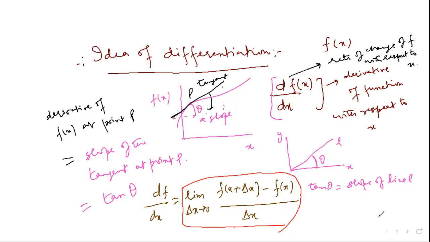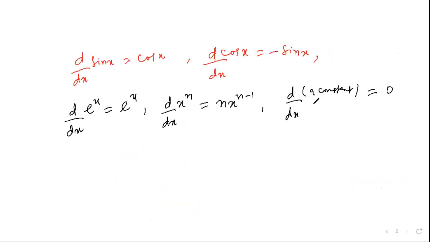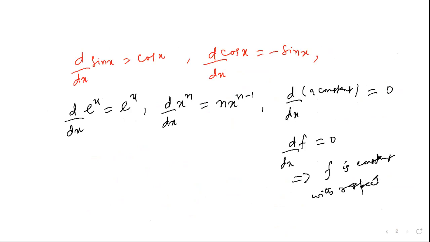So constant doesn't change, that's why its differentiation is 0. And converse of this thing is also true. If derivative of some function is 0, that implies function is constant with respect to x, right?